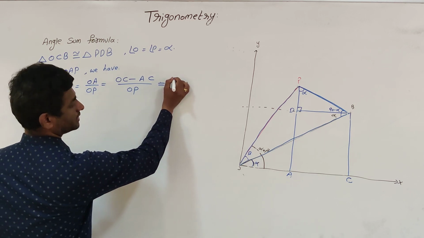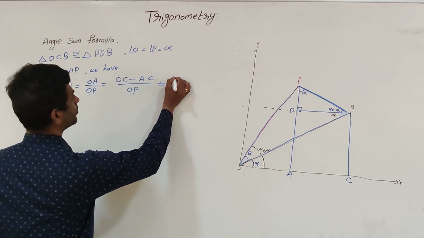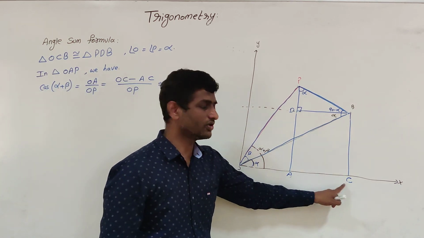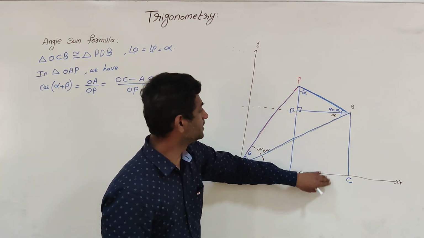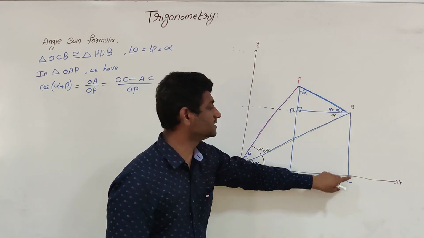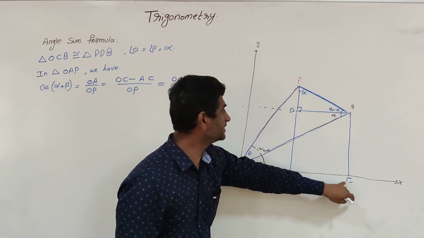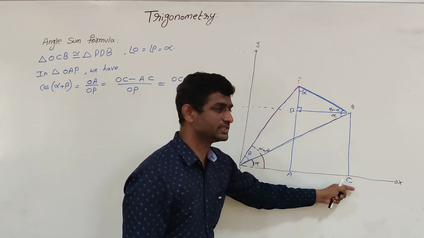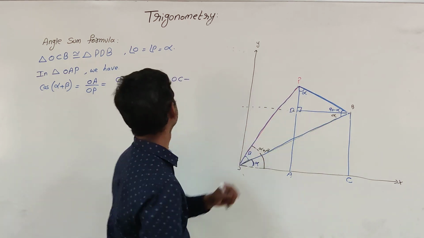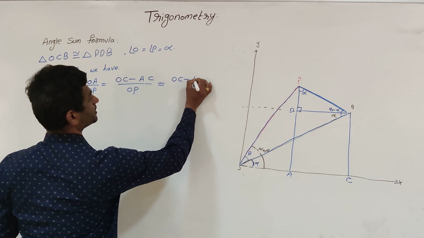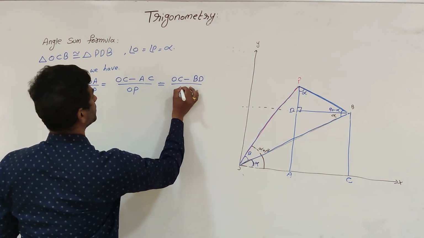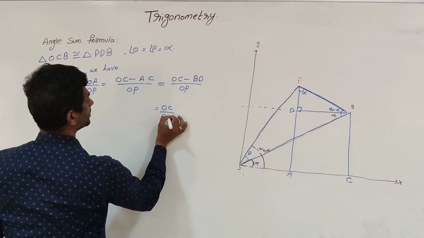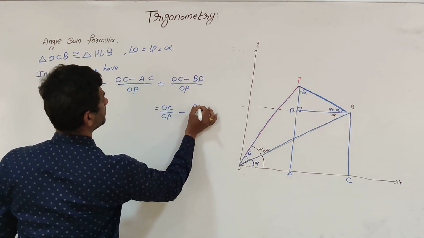But OC minus AC, if you observe AC, again this BDAC is a square. The length of AC and the length of BD will be same. So in place of AC we can replace with BD by OP. As we can separate them, OC by OP minus BD by OP.